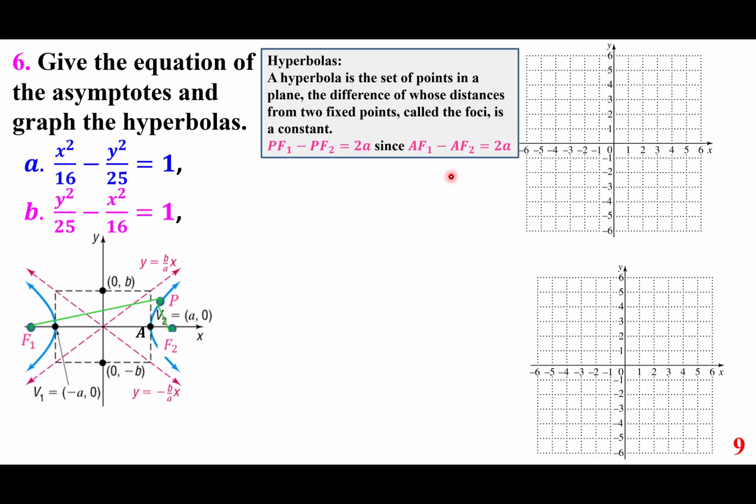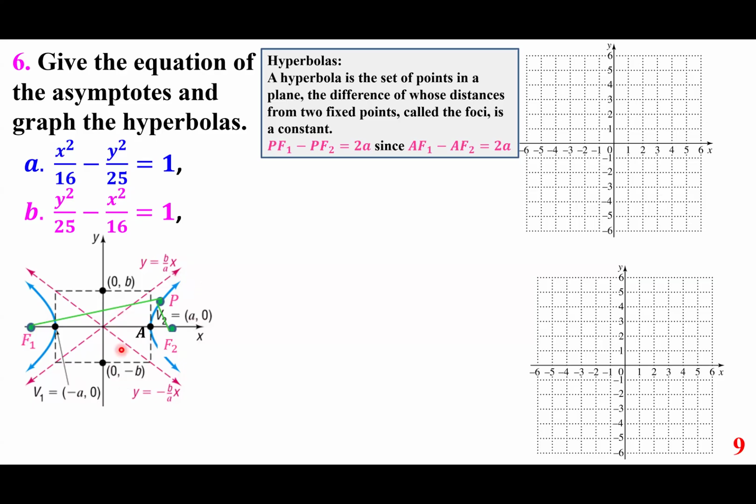So I want to make sure everybody understands how the graph works here. We have a set of axes.